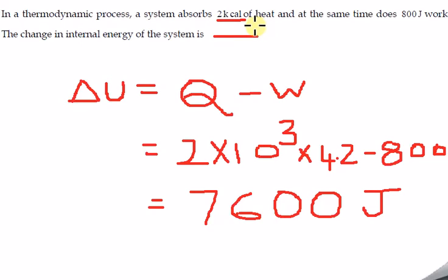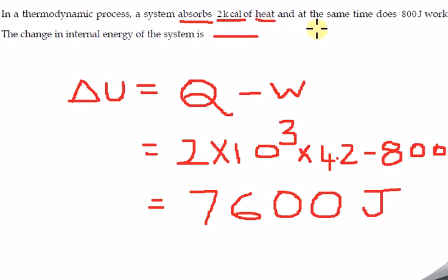The word absorbs is very important here. If it is absorbed, then we can say it is the q value. I will tell you what q means, but as of now, absorbing 2 calorie of heat means definitely it is q.